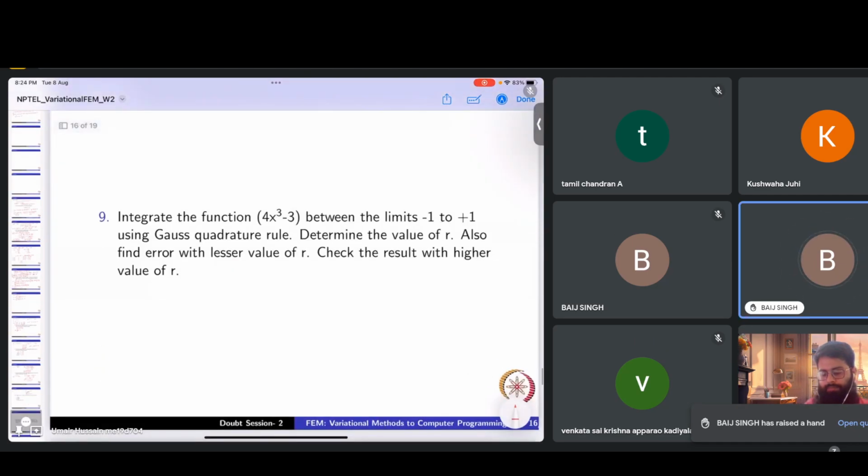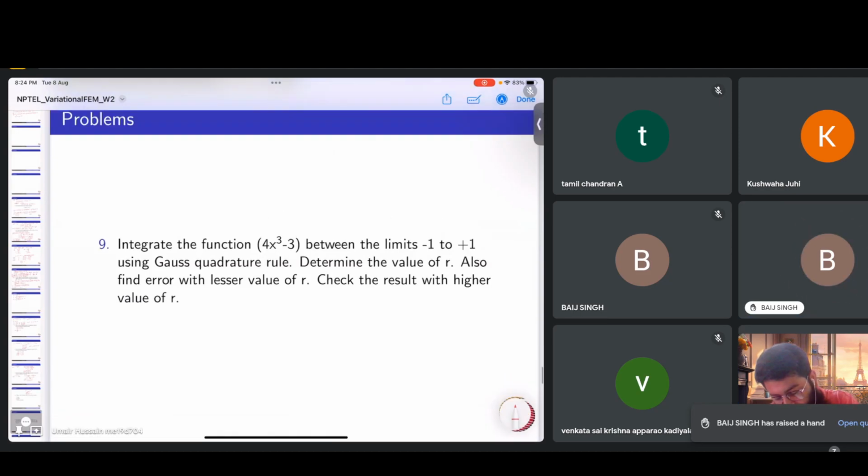Okay, so we have a Gauss integration exercise now. We have a function where we have the integral from -1 to 1 of 4x cubed minus 3 dx. So what should be the value of r?